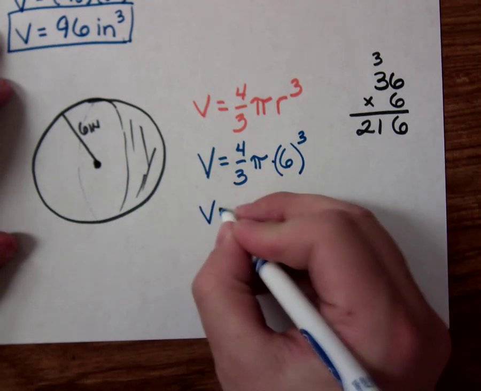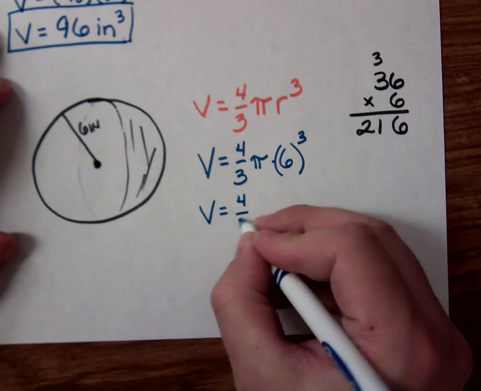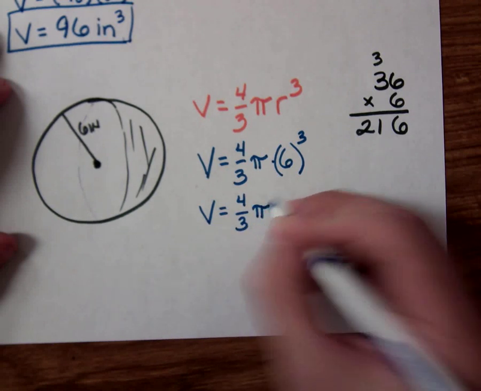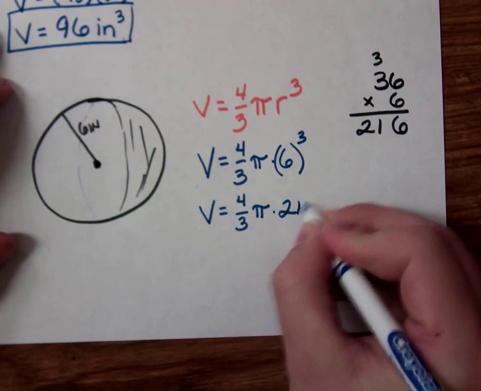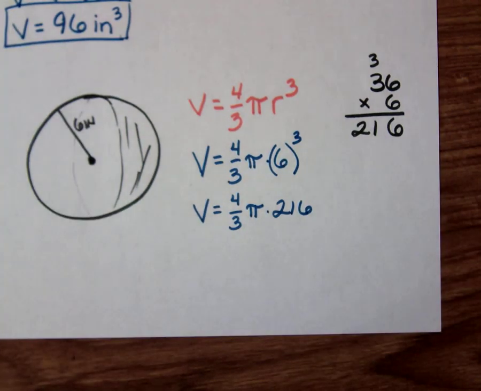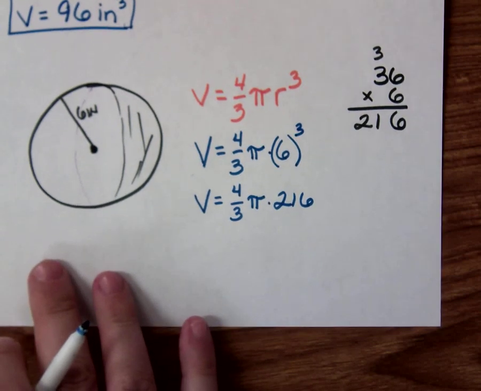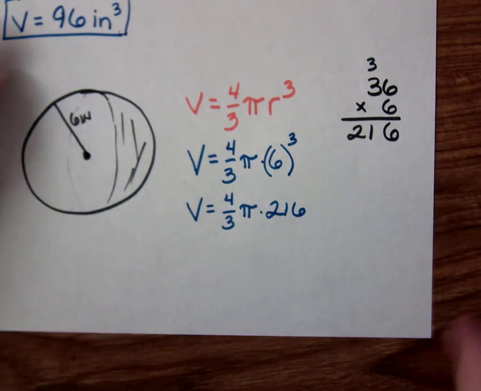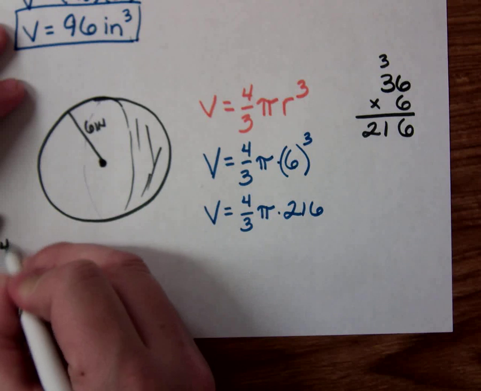All right. So 4/3 times pi times 216. Okay, the next thing I got to do is 4/3 times 216. Let's do that over here.